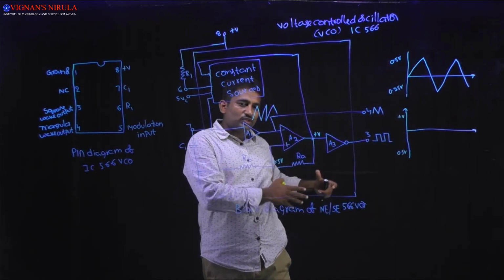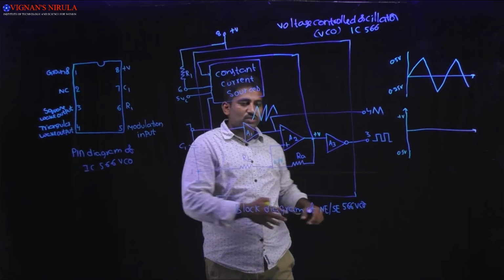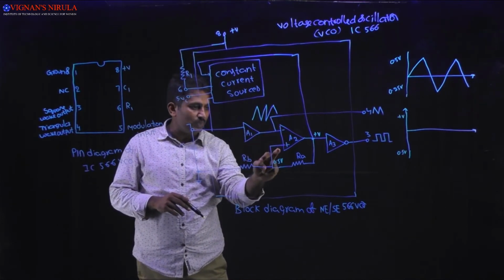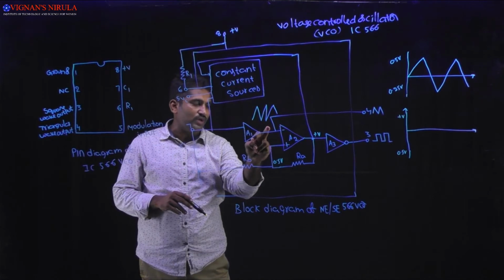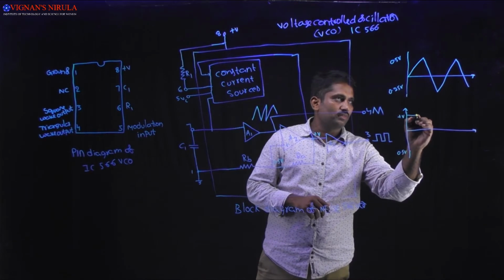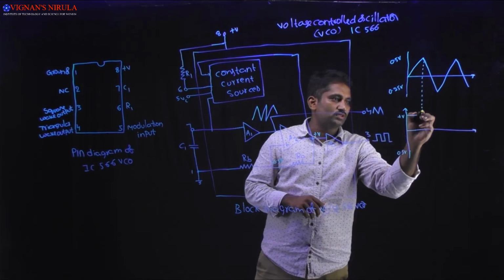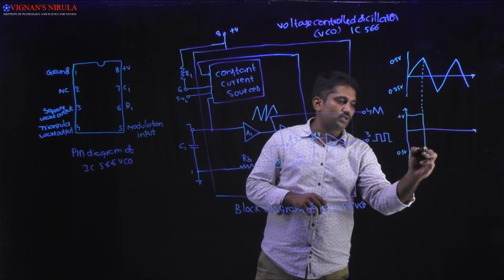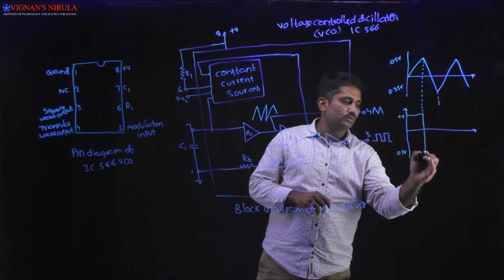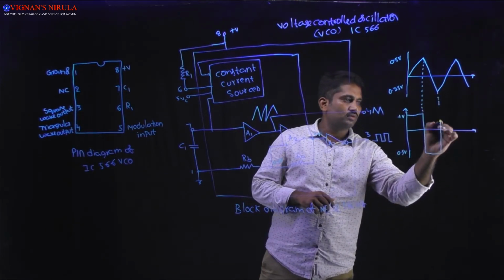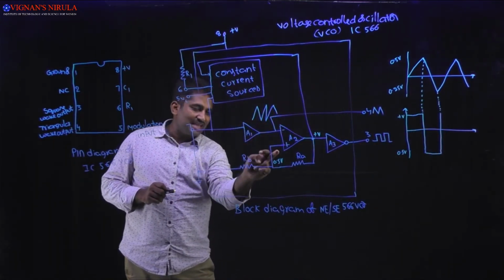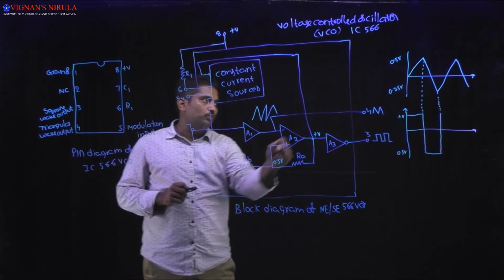Immediately the output of the Schmitt trigger will go low. Once it reaches 0.5, the output is low, and once it is below that value, the output is high. If this voltage is less than this voltage, then the output will be high.